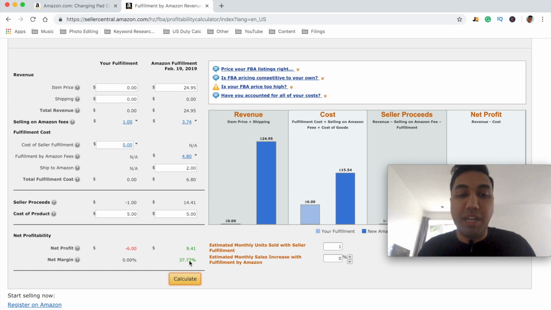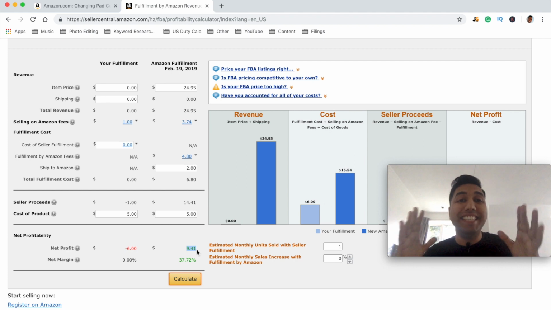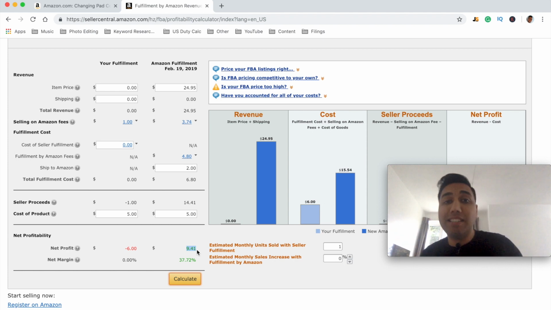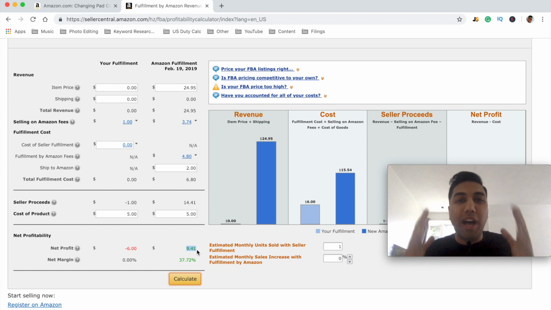Now having a profit margin no less than 30% and a net profit over here of at least around the $10 per unit mark will make sure that any changes within shipping, within taxes, within prices on Amazon, or if you get into a price war, that you are absolutely protected. You are highly likely to be protected at a net margin of above 30% and a net profit of $10 per unit. If you could achieve that, then you are already on your way to finding that profitable product.